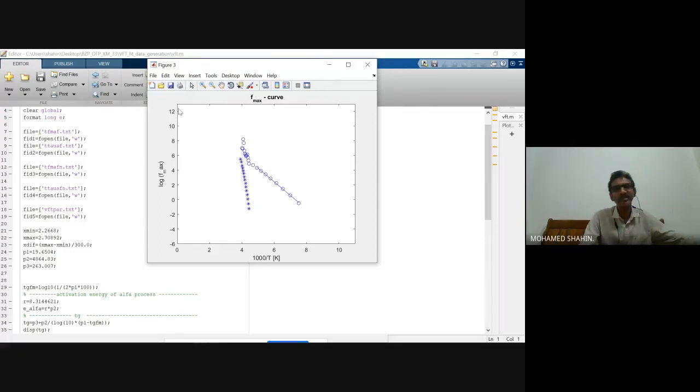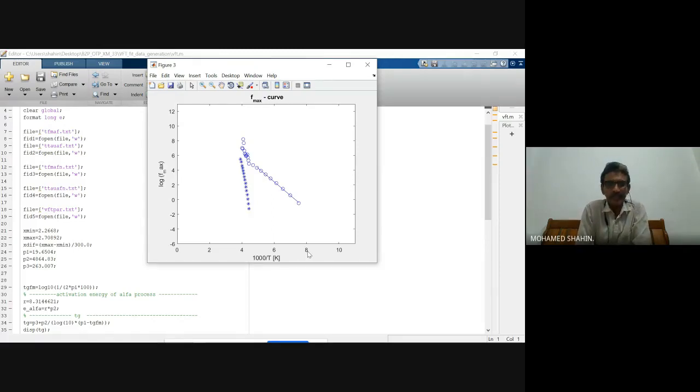Now the second piece of information, since it is a curvature, it starts from here and goes vertically down at some temperature. So that is called P3. P3 is the temperature at which, because this x-axis is 1000 by T, the reciprocal of the absolute temperature multiplied by 1000.